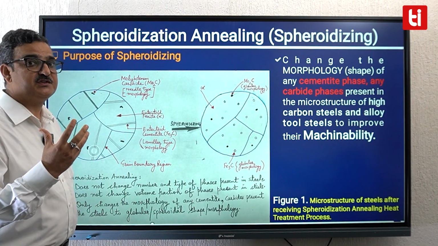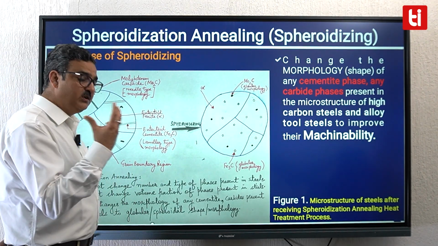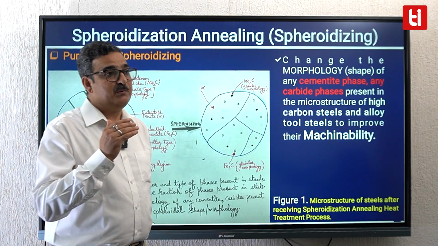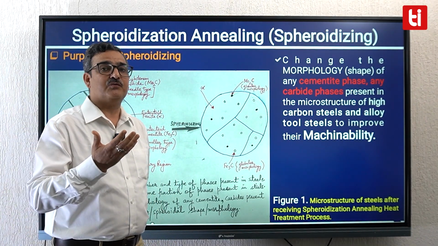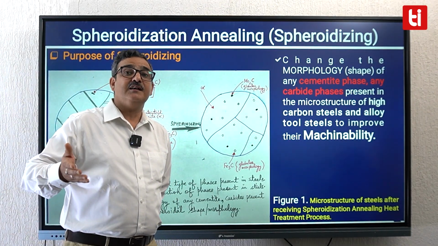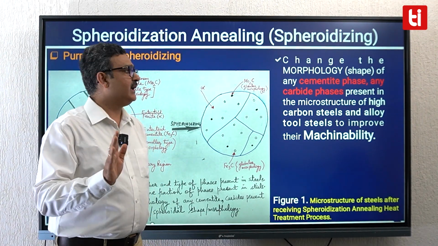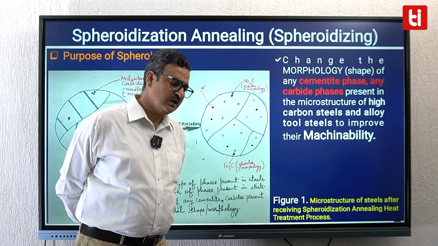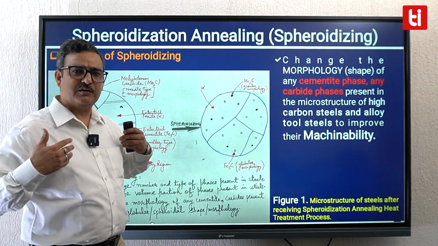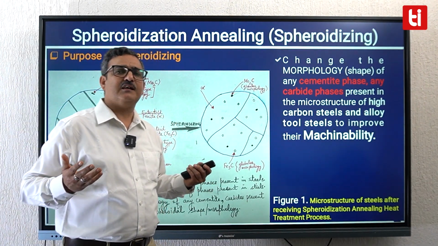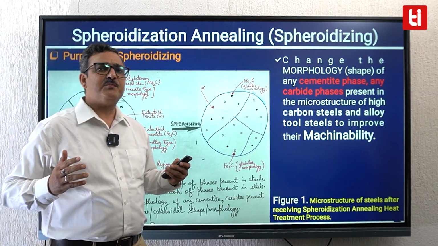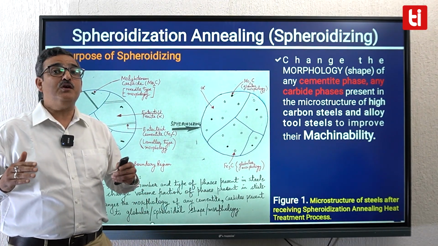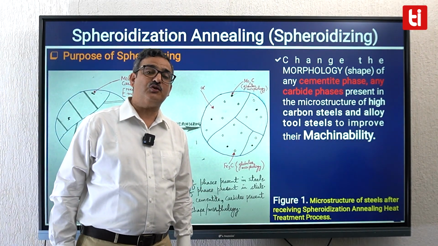So high carbon steels or tool steels would require some heat treatment by virtue of which the inherent hardness decreases to some extent, and there spheroidization annealing comes into the picture. Books would say, or even I would say, that this treatment is given to provide good machinability to high carbon steels or alloy tool steels.